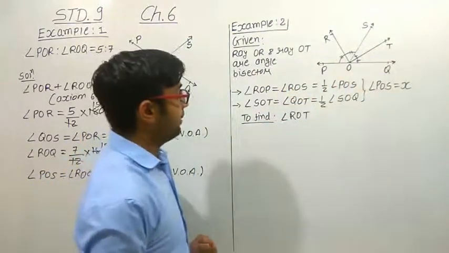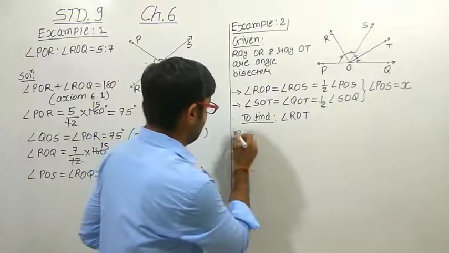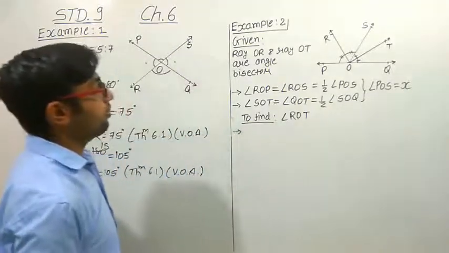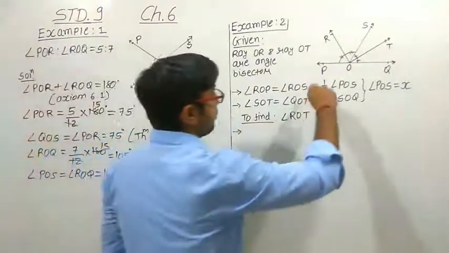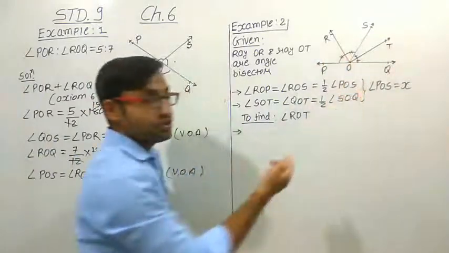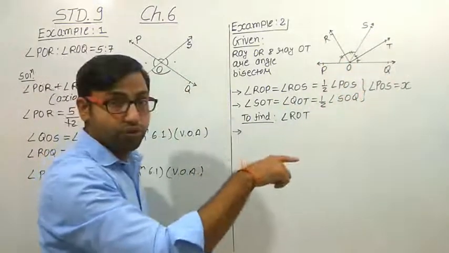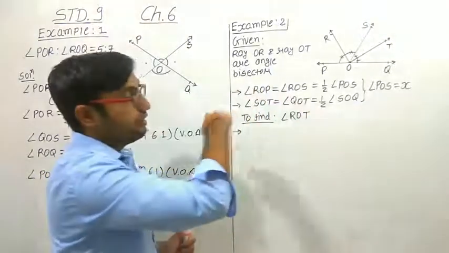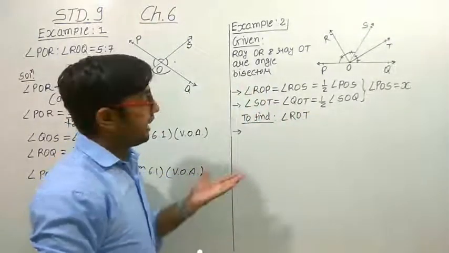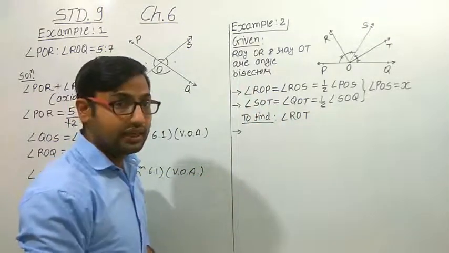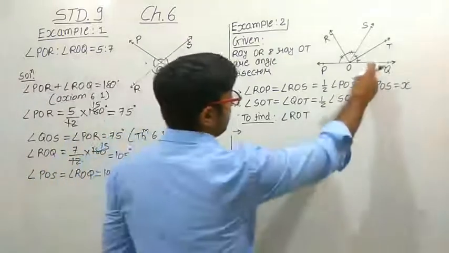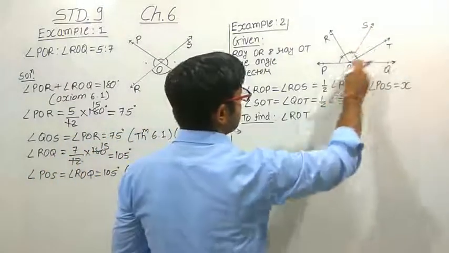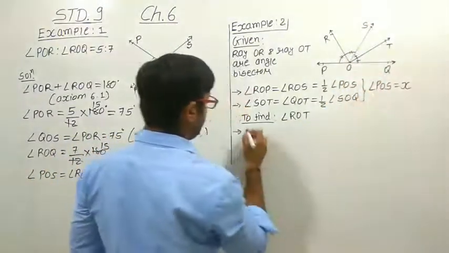So see how we can find it. To find the angle ROT, you can see that all these angles stand on a line POQ. That means the total angle will be 180 degrees, right? So first of all we consider these two angles, POS and SOQ.